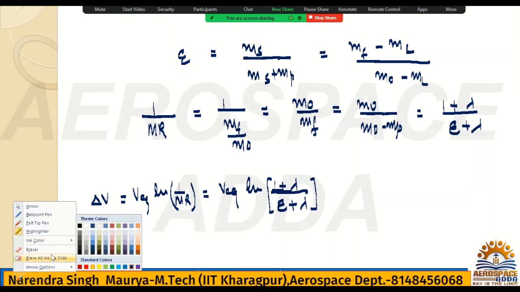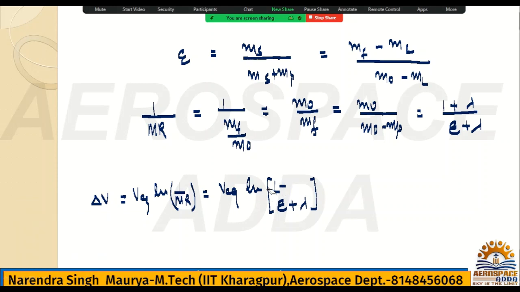If they have given values in this form, that is structural coefficients and all, then use this formula.